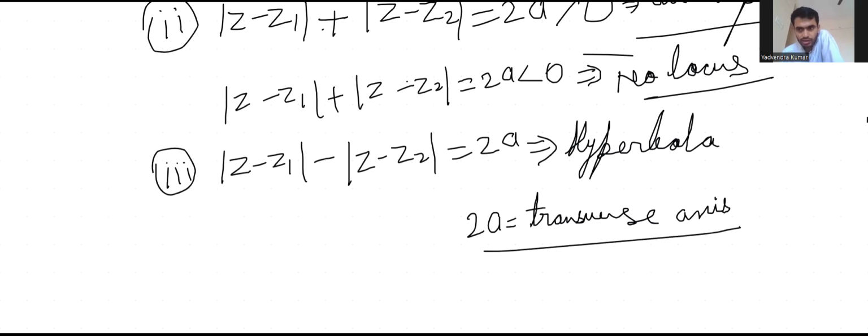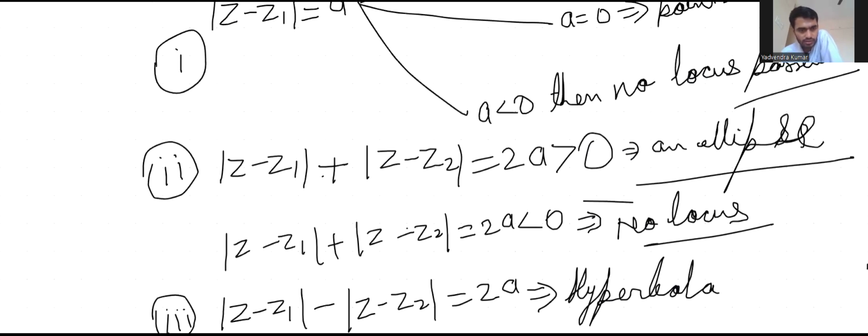In the case of an ellipse, 2a is the major axis.